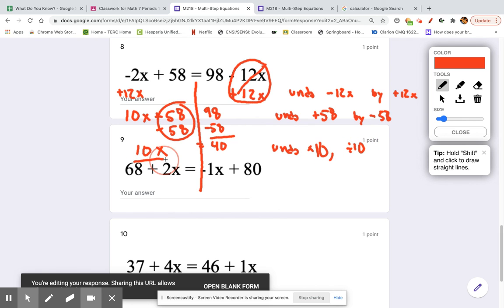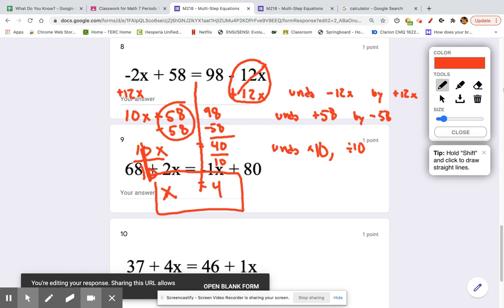So let's divide both sides by 10. 10 divided by 10 is 1, and 1 times x is x. 40 divided by 10 equals 4. So x equals 4. And then on your papers, you want to get into the habit of putting a box around it. So if anything happened with the form, or everything got deleted, you can go back and be like, oh, number 8, x equals 4. It's just really easy to find the answers that way.